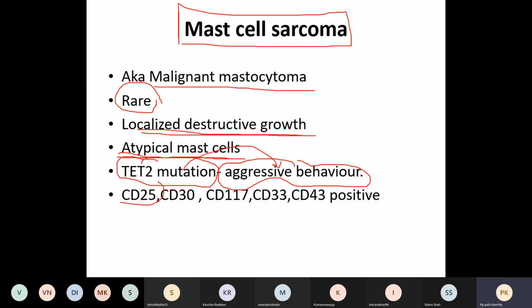As we know, in mastocytosis, they have aberrant expression of the B cell marker CD25 and also CD30. And here there is c-KIT mutation, and CD34 and CD33 positive. So these two are the extra markers. And this is important, TET2 mutation.